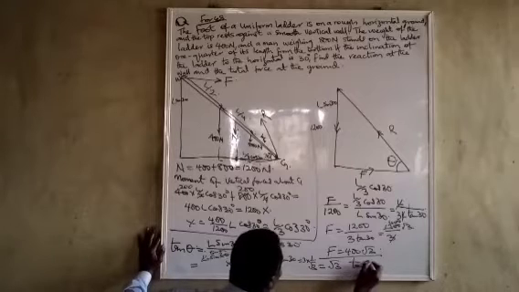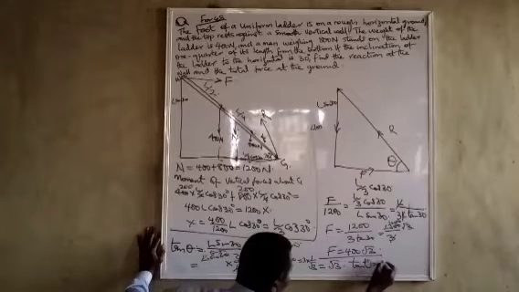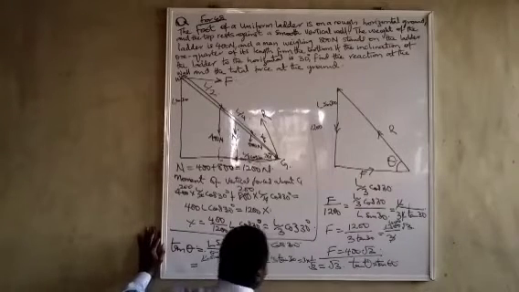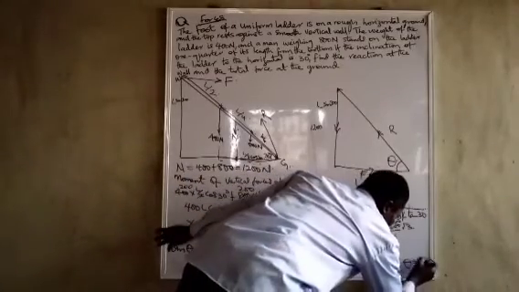So tan theta is equal to tan 60. So theta is equal to 60 degrees.